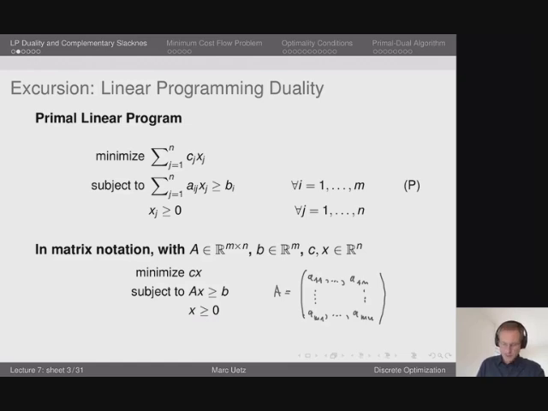Now, this is a minimization problem. So if I just draw a real line here, we will get solution values c times x for feasible solutions, c times x1, c times x2, and somewhere will be the optimum solution value, c times x star, which I just write down as opt here.